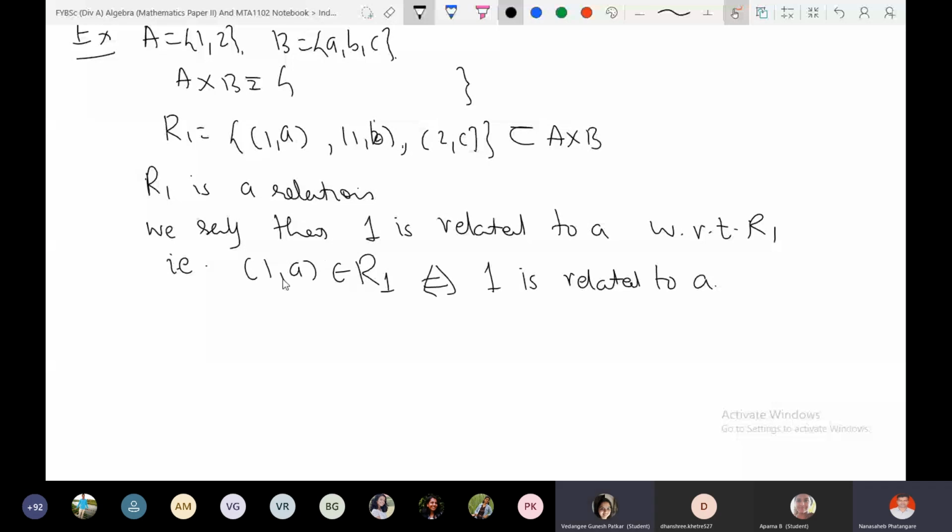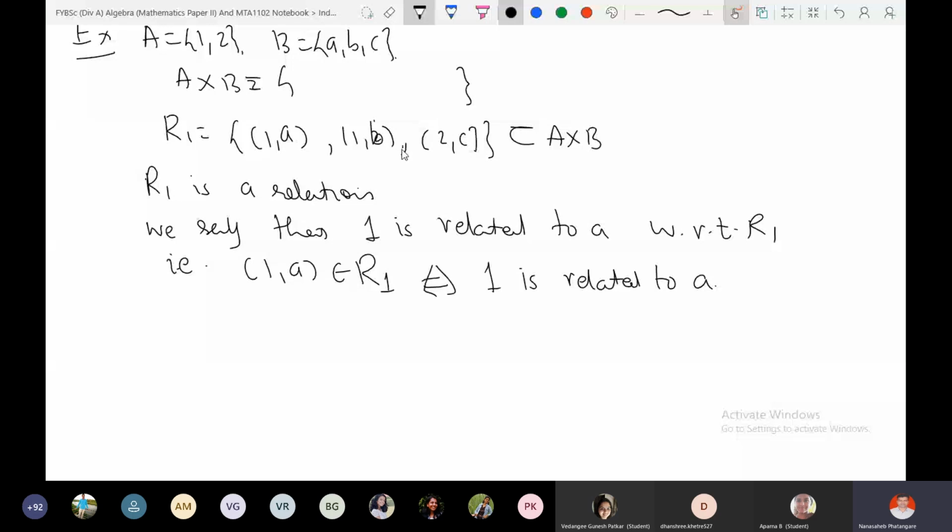Similarly, 1 is related to b, 2 is related to c, but 1 is not related to c with respect to this relation, because this is a very special kind of relation we have defined. A cross B is something different, but I am choosing particular subsets, which is a relation.